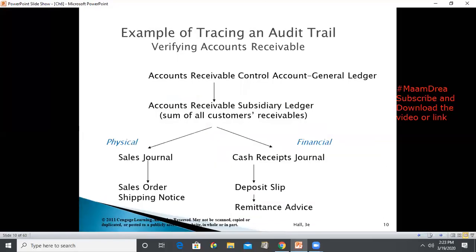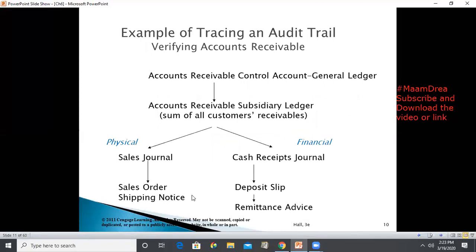Now let us go over this. Remember also there are two types of source documents. It could be on the physical, and then on the financial effect we could use the deposit slip, bank advice, and remittance advice.